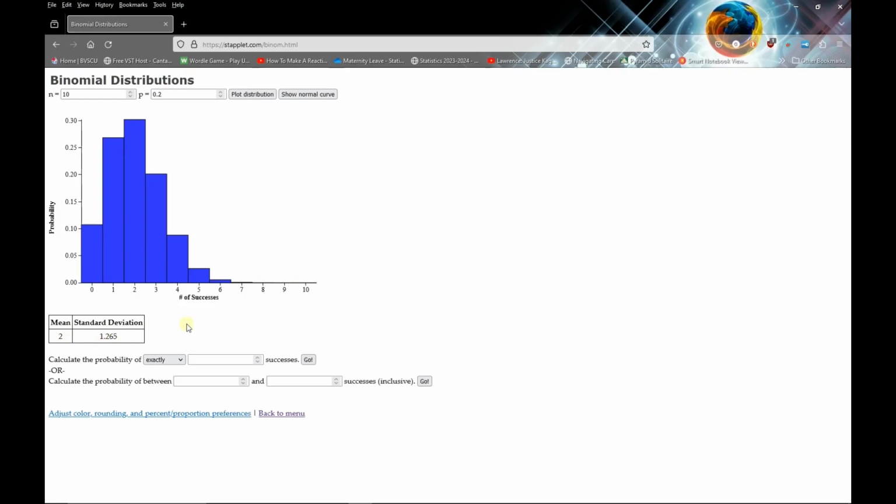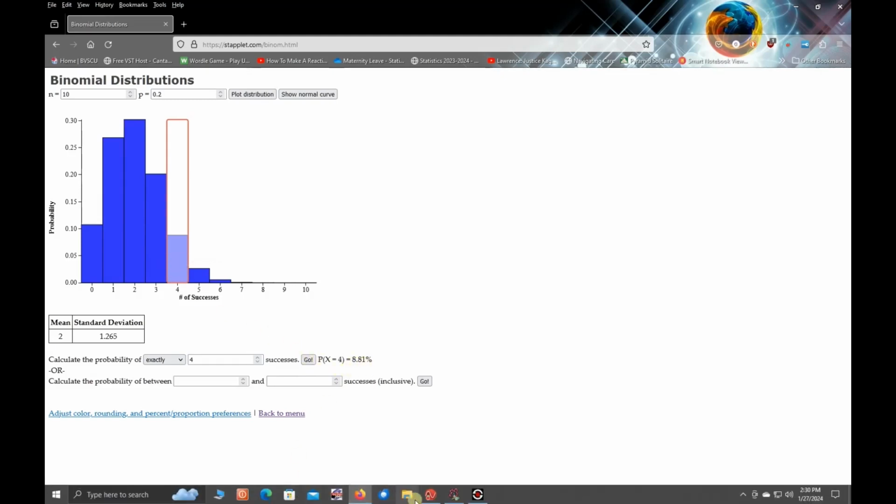We won't be really looking at that today, probably on Monday. So here it is. If we want to calculate the probability of exactly, let's say 4, and I use that because it will be asked, what would be the probability of getting 4 right out of 10? And that would be right here. That would be about 8%.